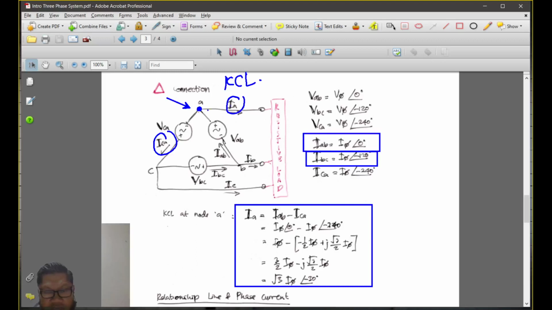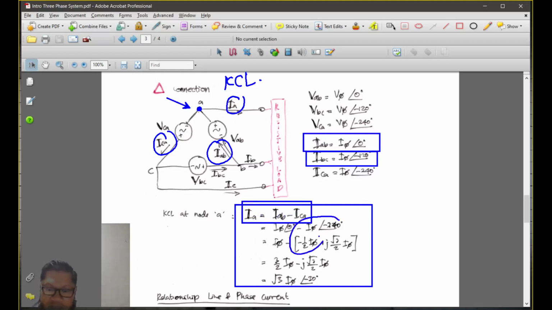Why? Because that is leaving node A, isn't it? Leaving node A, so it's IA plus ICA equals the current entering the node, which is IAB. So that's why you have this equation: IA equals IAB minus ICA.